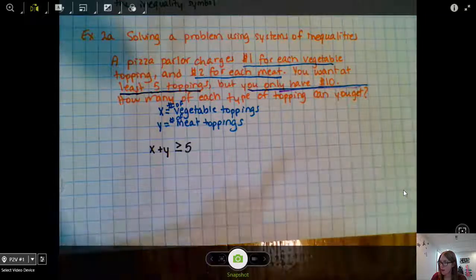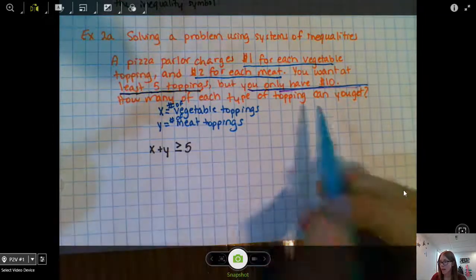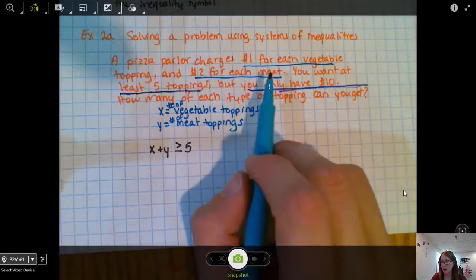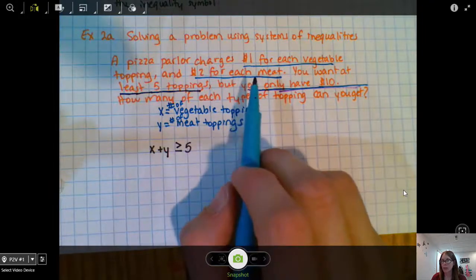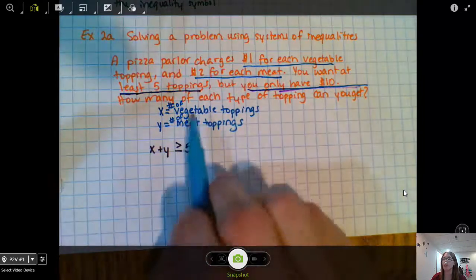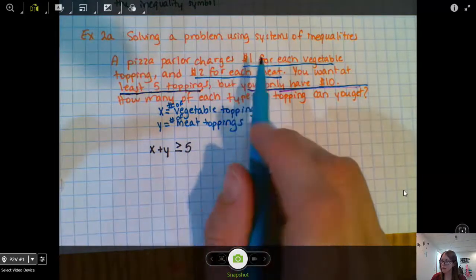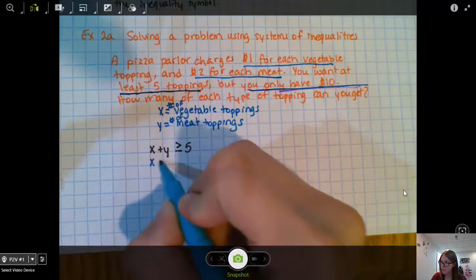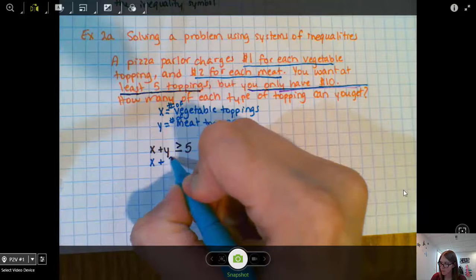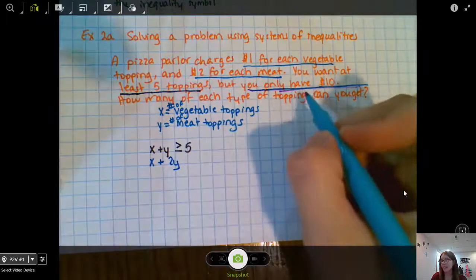And then our other inequality here, we only have $10. Okay, each vegetable is $1. Each meat is $2. These numbers are going to be our coefficients for these variables. So 1x plus 2y. We only have $10.